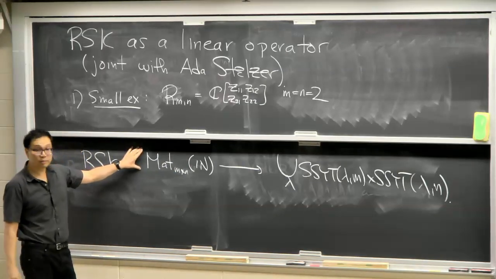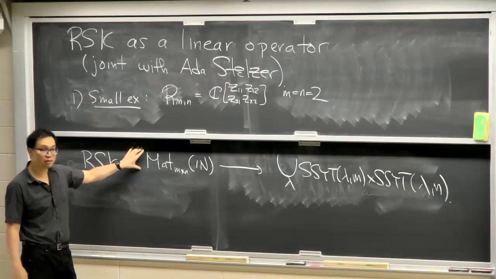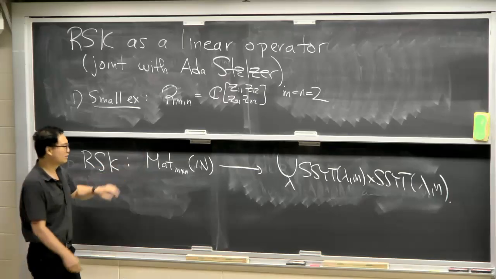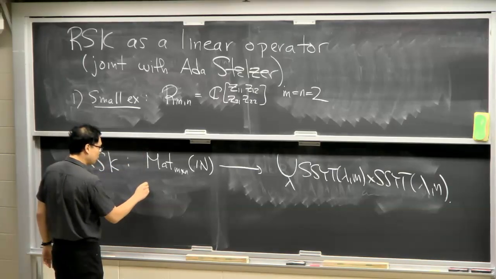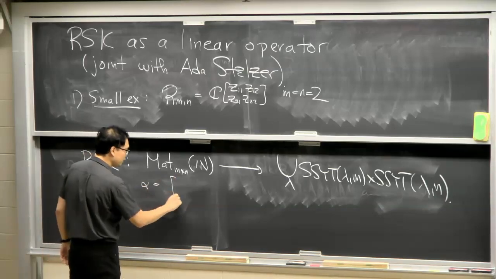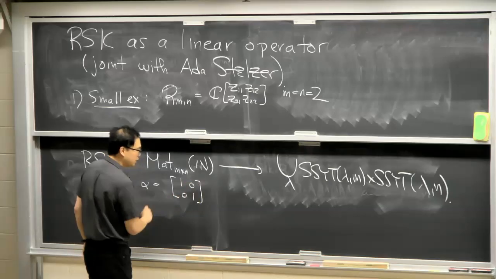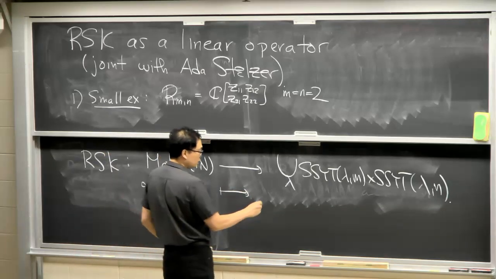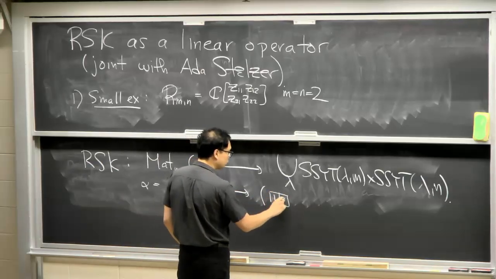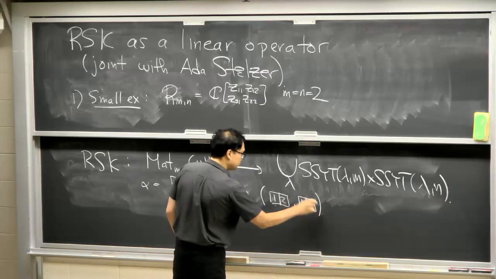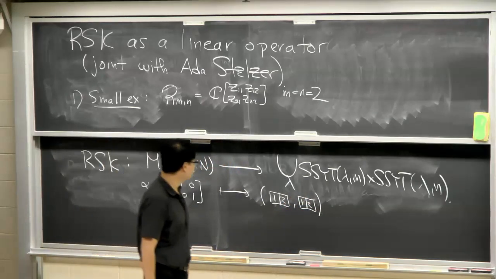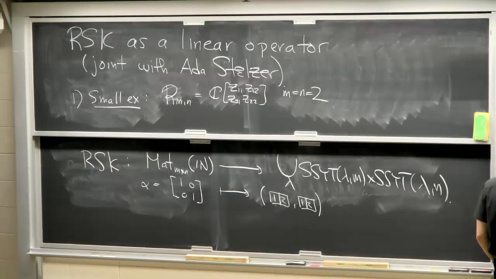Of course, this could be matrices with any non-negative entries, but I want to only talk about permutations for the moment. Example number 1: alpha is just the identity permutation, and this maps under RSK to a horizontal domino. On the other hand, I could have the other permutation S2, and this maps to the vertical domino.